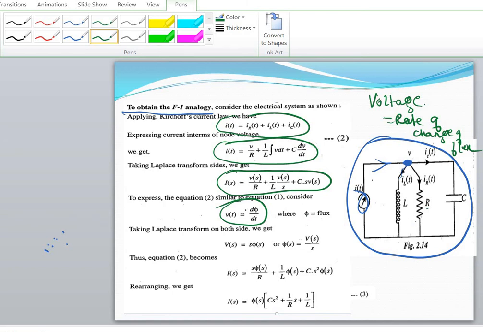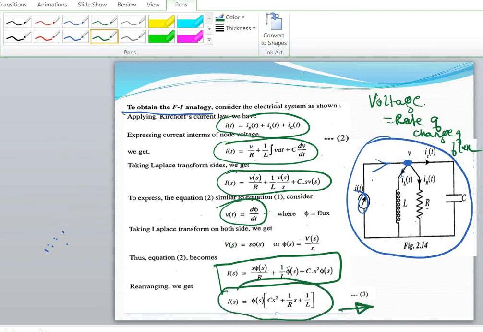Taking the Laplace, V of s equals s into phi of s, or phi of s equals V of s by s. Substituting this in the above equation, we get the current in Laplace form as I of s equal to s phi of s by R plus 1 by L into phi of s plus C s square phi of s. Taking phi of s out, I get this equation 3.